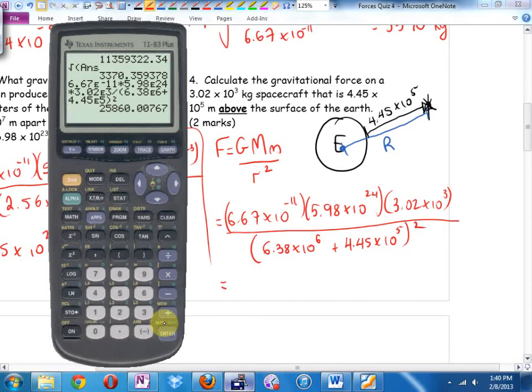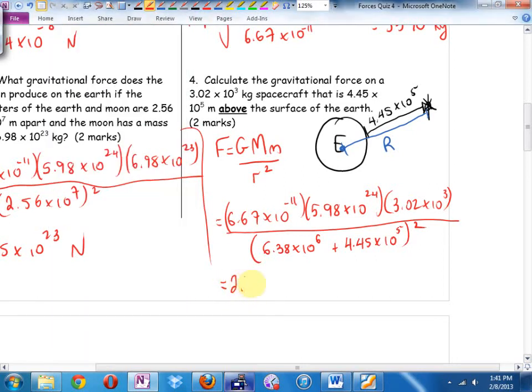Do you get 25,860? 2.59 times 10 to the 4th, is that right? That seems wrong to me. No, I think I'm right. Yeah, I'm right. So 2.59 times 10 to the 4th. Units, newtons.